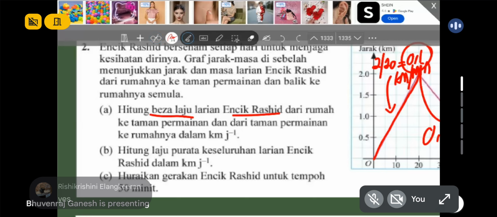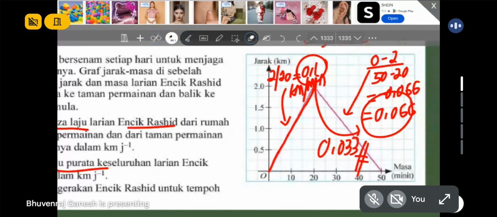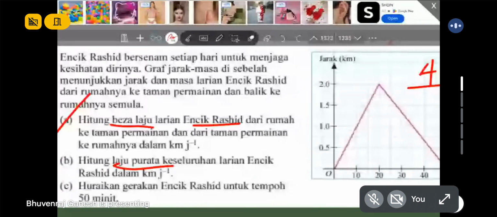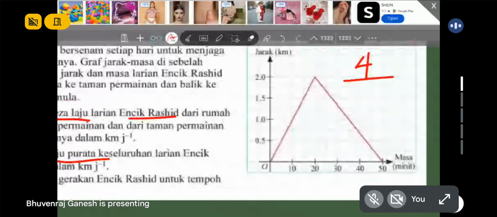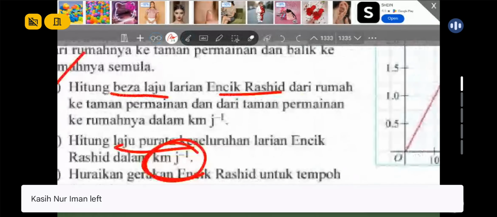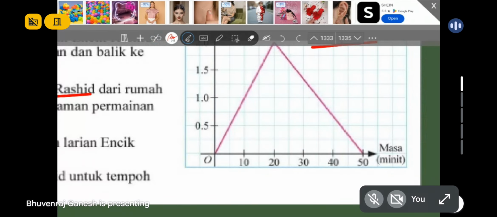Yeah. Okay, so this part A. Laju purata, average speed. So you guys must find total distance over total time. So total distance is 4. Jumlah jarak 4.4, total time is 50, but be careful lah guys. Kilometer per jam. Over here, your unit is minute.